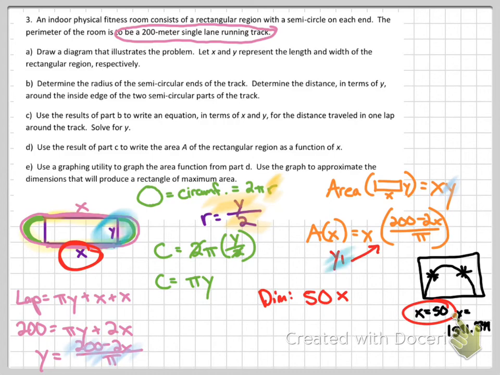Understand that Y1 is not the same thing as Y in our picture. So you can plug it into this equation. You know what X should be, so plug it in and you'll get Y. Or you know what the resulting area needs to be. So if I divide that by 50, that would also give me my Y. Either way, your dimensions should be 50 by 31.831.